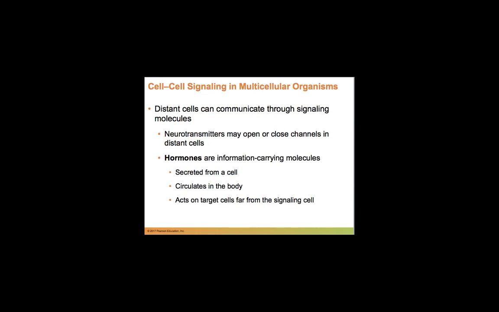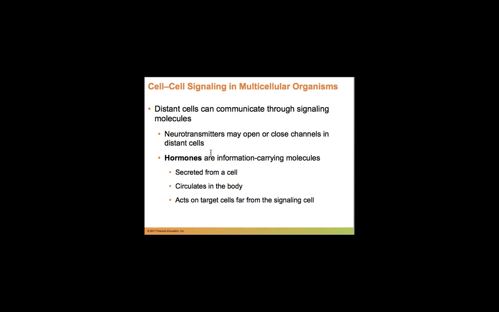Okay, so now let's talk about cell-to-cell signaling in a very large multicellular organism. So distant cells have to be able to communicate with one another. How are they going to communicate? Through cell signaling. Cell signaling is going to involve the use of neurotransmitters and hormones. So neurotransmitters may open or close channels in distant cells.